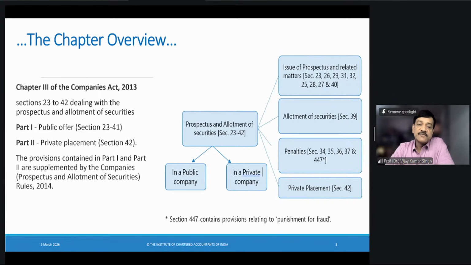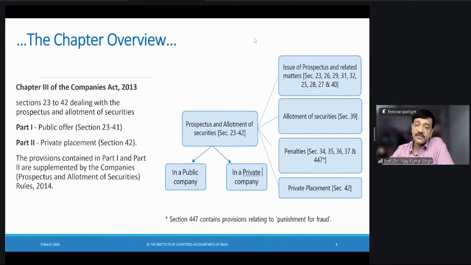And part 2 deals with private placement, that is section 42, which discusses private placement and the requirements relating to it. The provisions contained in part 1 and part 2 are supplemental to the rules. There are the Companies (Prospectus and Allotment of Securities) Rules, 2014, that you have to read along with chapter 3 of the Companies Act 2013.